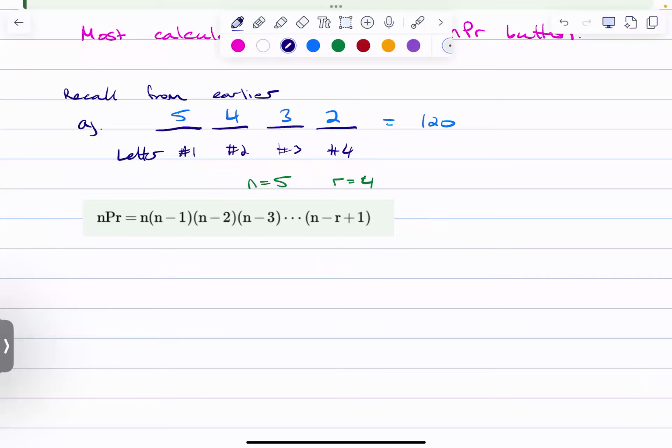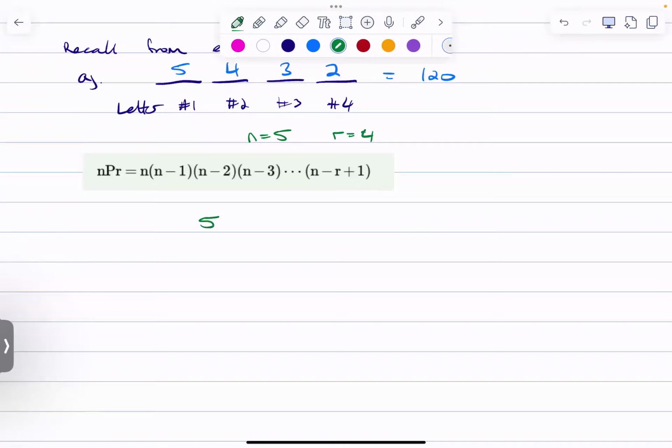So we want to find 5P4. Where you see an n, you're going to replace it with 5, and where you see an r, you're going to replace it with a 4. So we start with 5 times 5 minus 1.